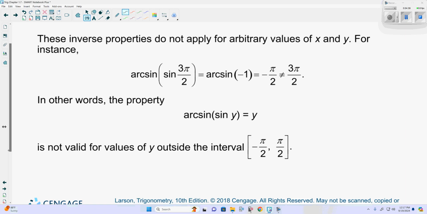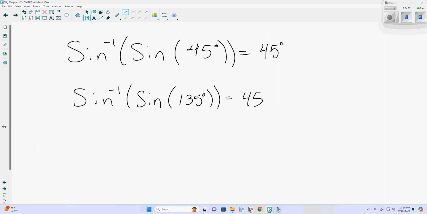We don't get back where we started because, again, when we take sine inverse, the angles are going to be between negative pi over 2 and pi over 2, negative 90 degrees and 90. And just like the one we just did, 135 is bigger than 90, so it's not going to get back there because of the properties of sine inverse.